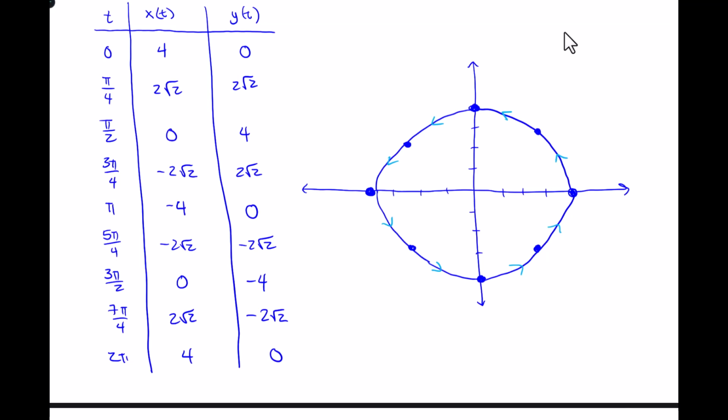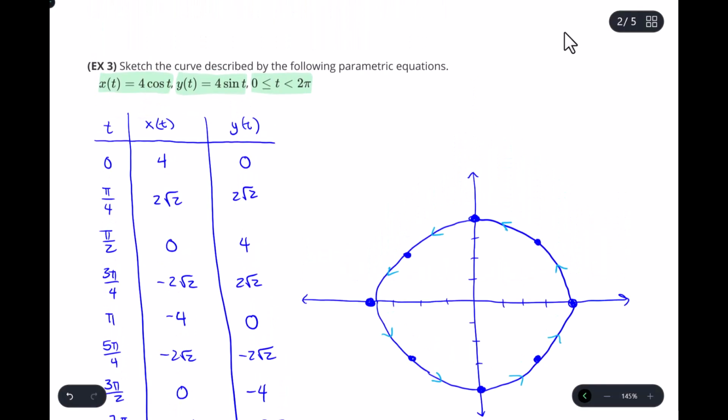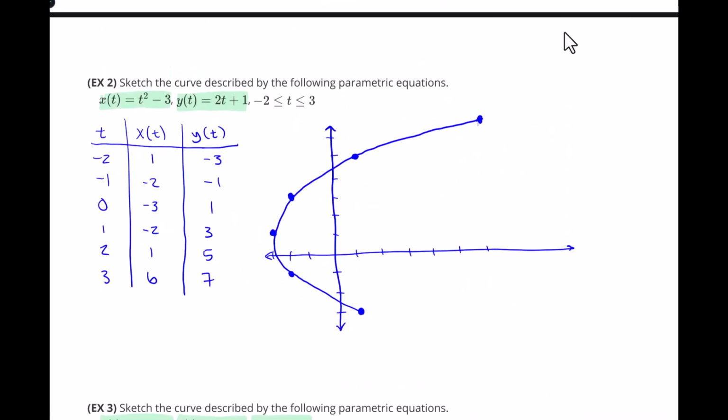So if you don't mark it on your graphs, that's generally okay, but just think about that there is a directional component to any of these. So for instance, this one, the first point that we drew was here, okay, I'll call that A. And then we went down through to the last point, which would have been B, C, D, E, F, it looks like, which would have been up here.